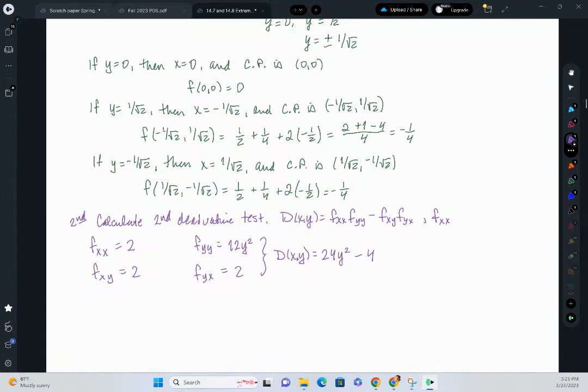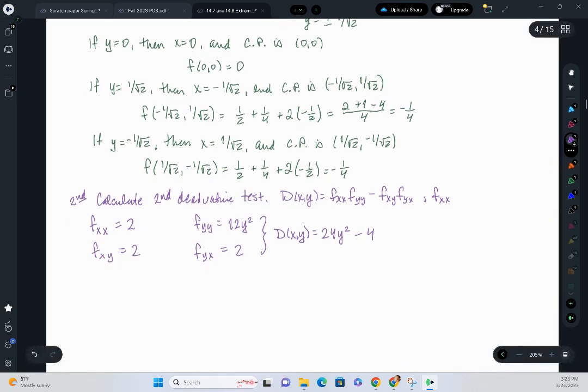All right, so, and I have my f sub xx, it's equal to 2, which is always positive. Okay, well, if my second partial with respect to x is always positive, positive makes me happy. That means I should probably be finding some local mins. Depending on the sign of D, if D is positive, I'll have local mins.